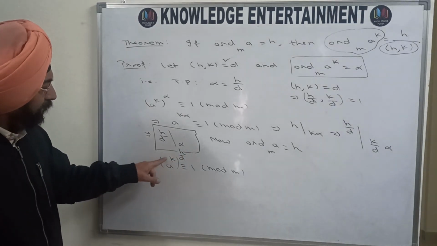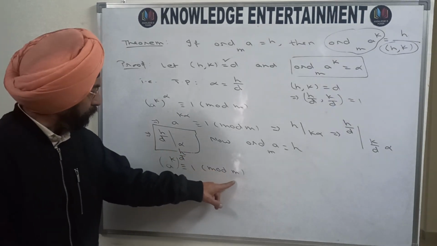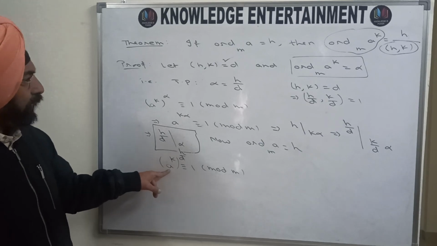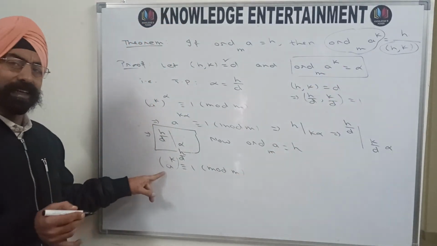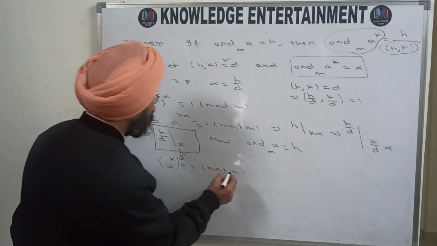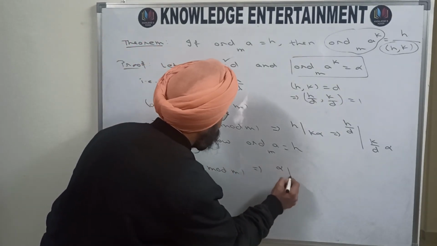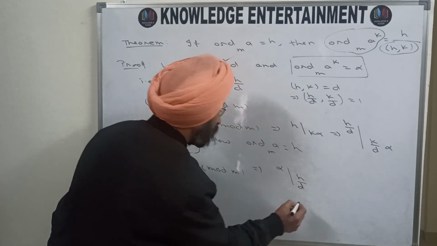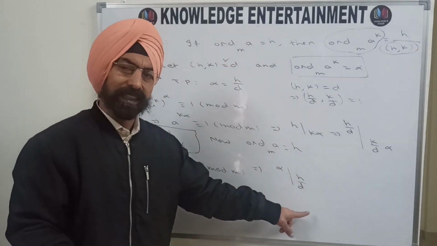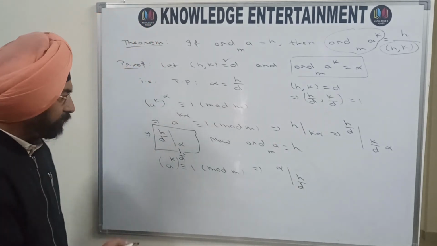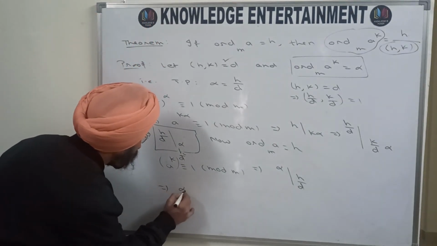Now a power k power something is congruent to 1 modulo m, and order of a power k we have supposed as alpha. So once again using the previous result we can say that alpha divides h by d. H by d divides alpha, alpha divides h by d, both are positive, this means they are same.